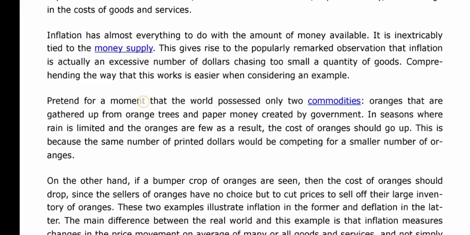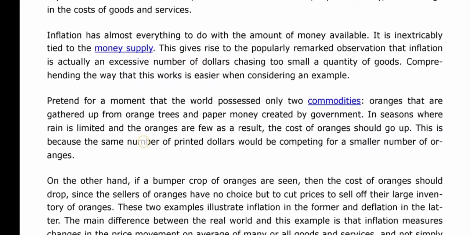Imagine a world that purchases only one commodity, oranges, that are grapes from a tree, and paper money created by the government is limited. Where the supply of oranges is limited, the cost of oranges should go up.